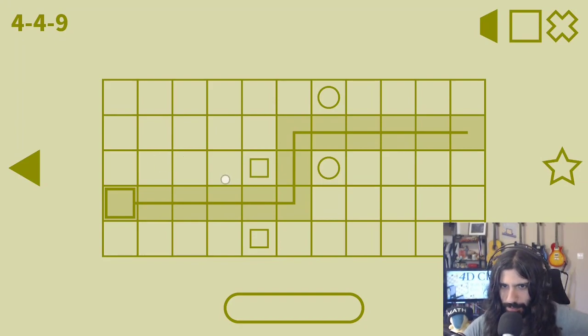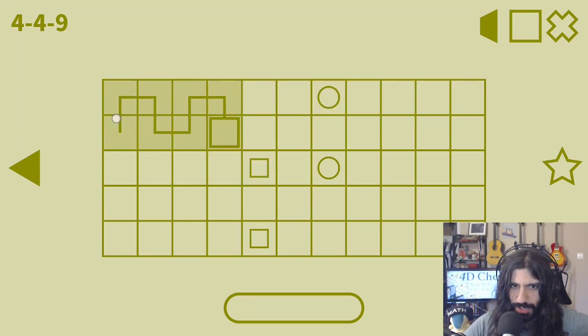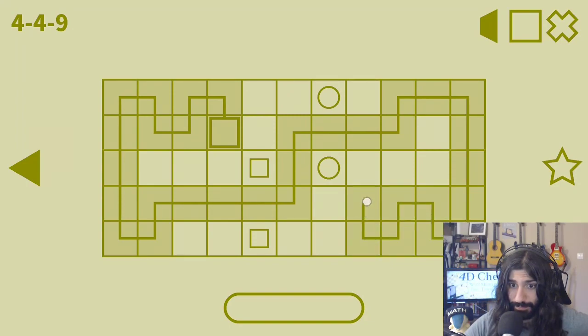So, okay, what could I split both of these into? So like this shape is something that I could probably split the space into, right? Like if I do a little bit of... no, this is... Oh.